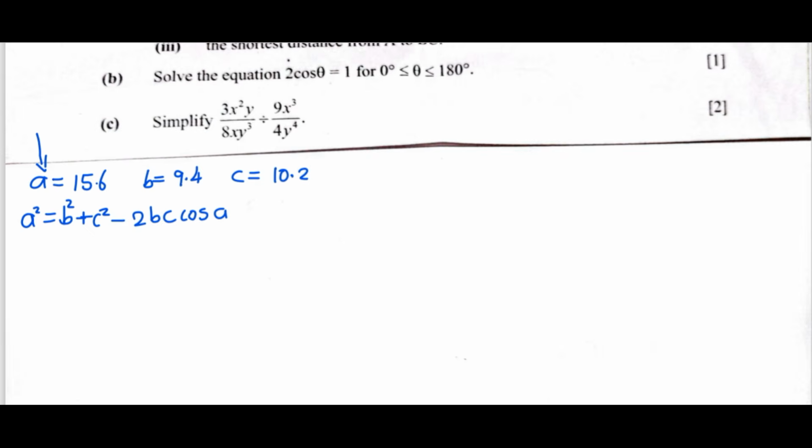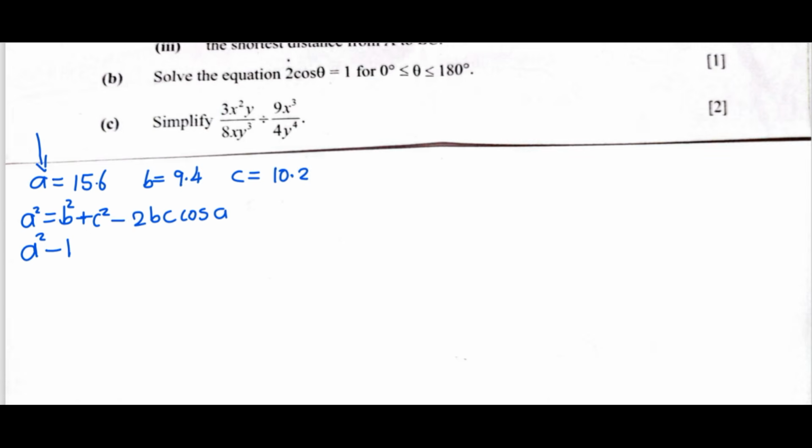Now let's look at making cos A the subject of the formula. We know that our A squared will remain here, then B and C will shift to this side.